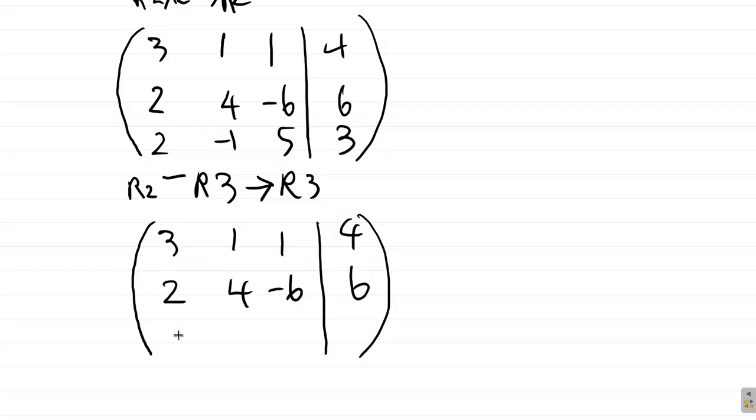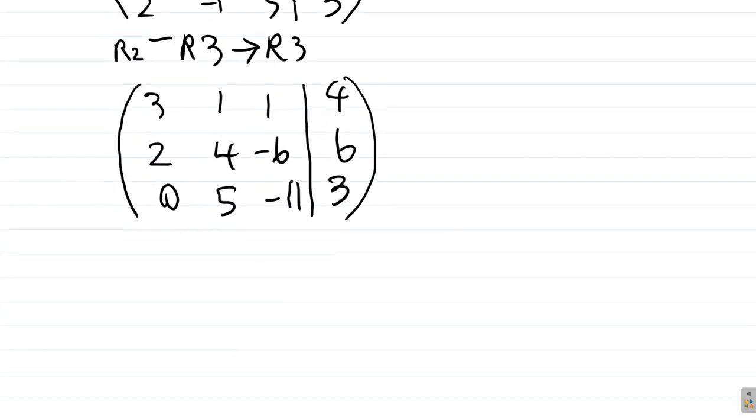And then we subtract: 2 minus 2 is 0. 4 minus -1, that's going to be 5. Negative 6 minus 5, that's negative 11. 6 minus 3 is 3. So that's what we have. Now we have this 0 here. Let's not do anything with row 3 again just yet, because we don't want to lose this 0, right?